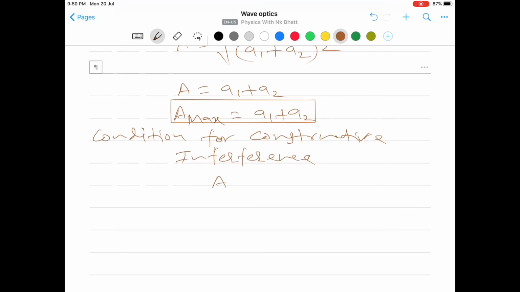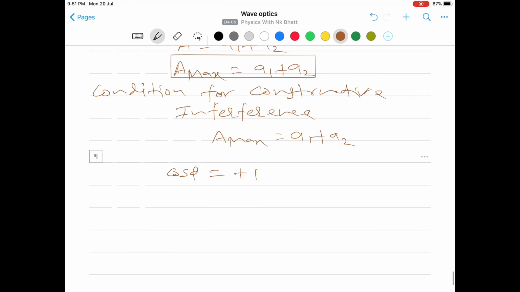A maximum is equal to A1 plus A2 and cos phi is equal to plus 1, phi is equal to 2n pi.